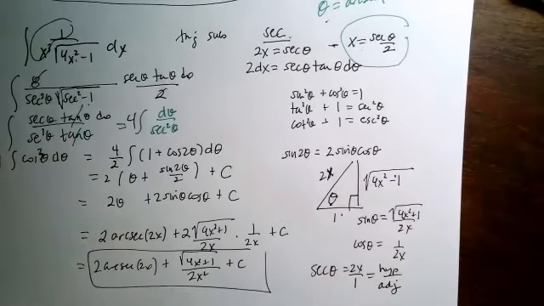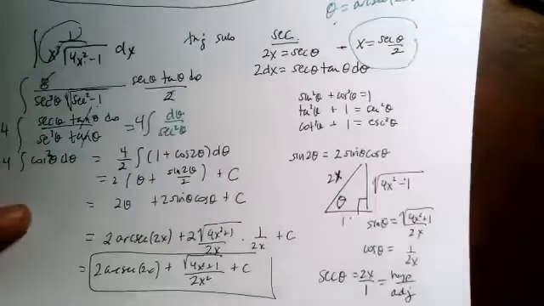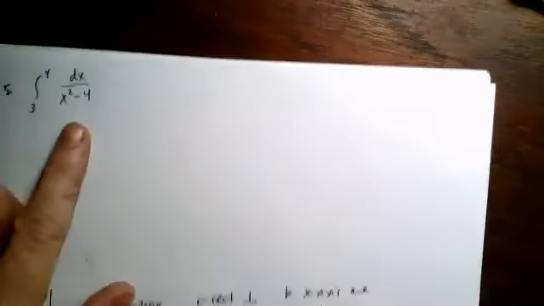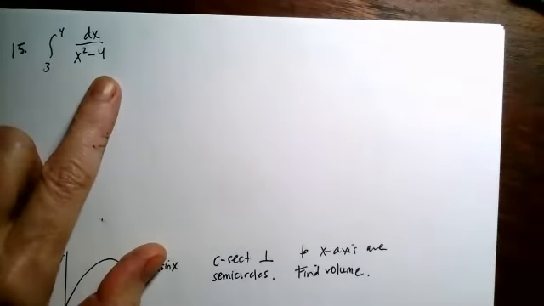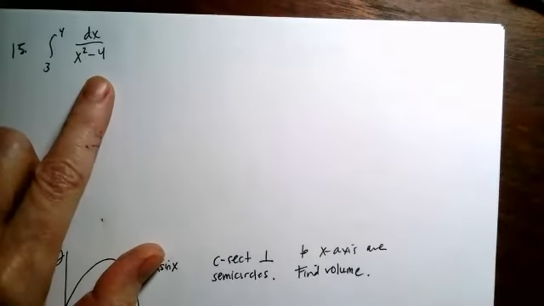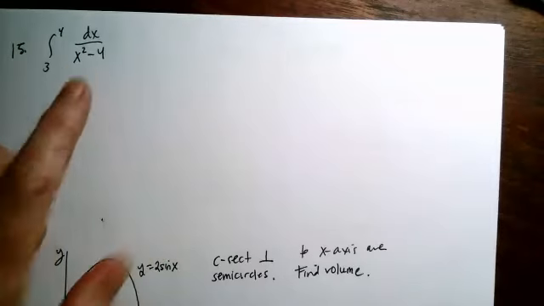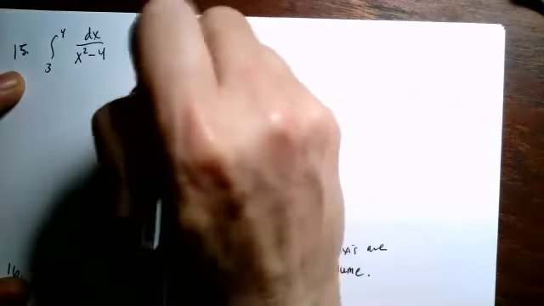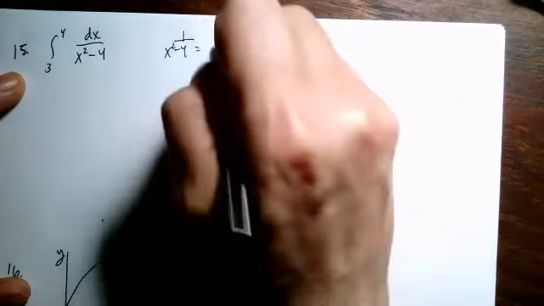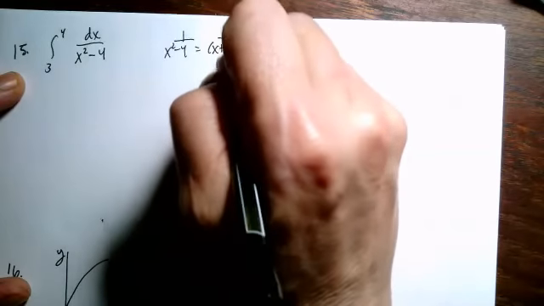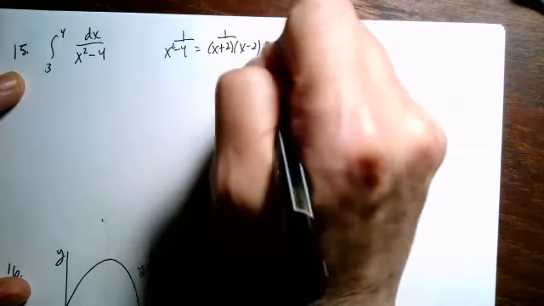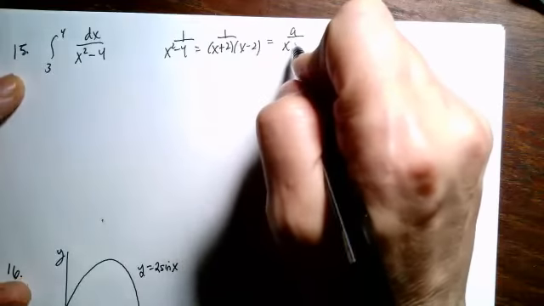Okay, are we ready for the next one? Okay, what are we going to do here? Partial fraction decomposition, yeah. 1 over x squared minus 4 is going to be, we fully factor, and then we're going to do partial fractions.